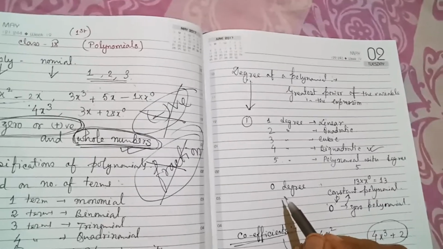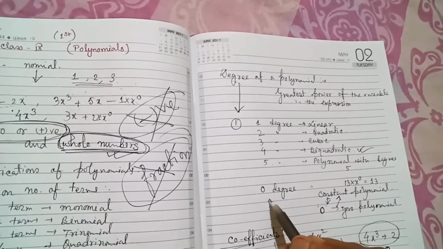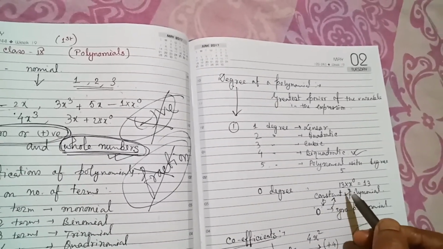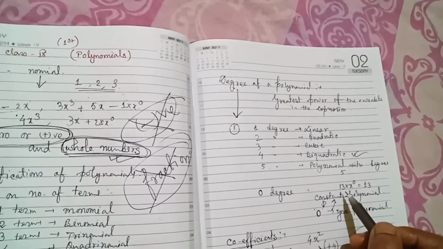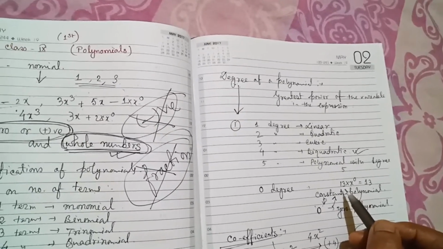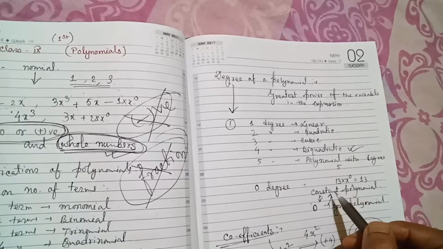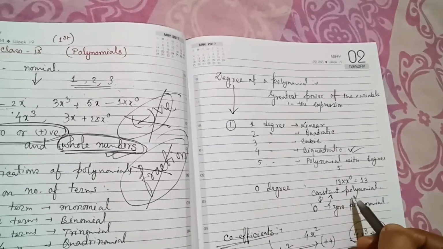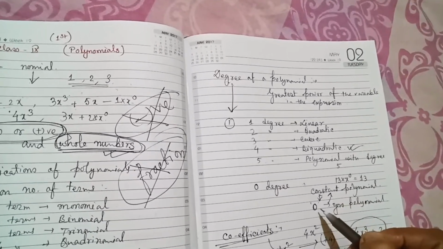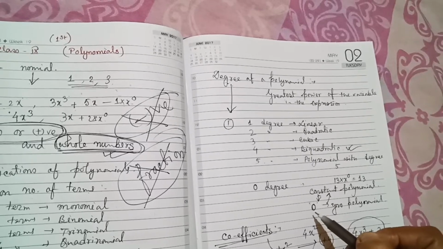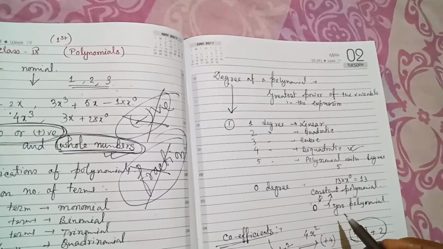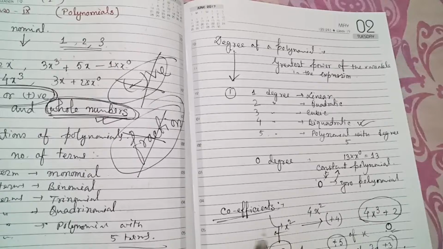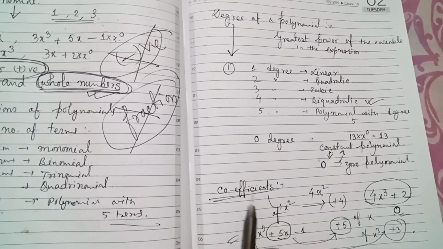Now there is another special category, that is 0 degree. 0 degree means that in the expression or in the term the variable will not be present, and it will be called a constant polynomial. And there is a special category of constant polynomial, that is the term only 0, and its name is 0 polynomial.